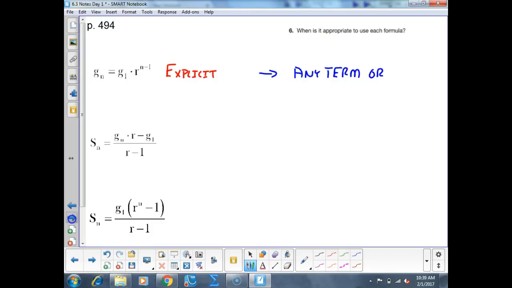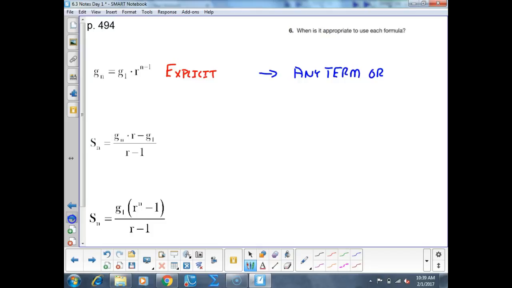What else can we use the explicit formula for? You did it a lot in arithmetic. We can find n with it.